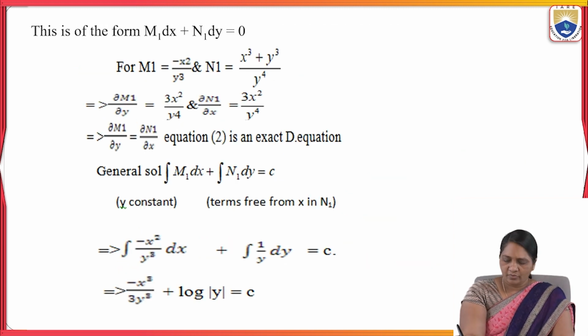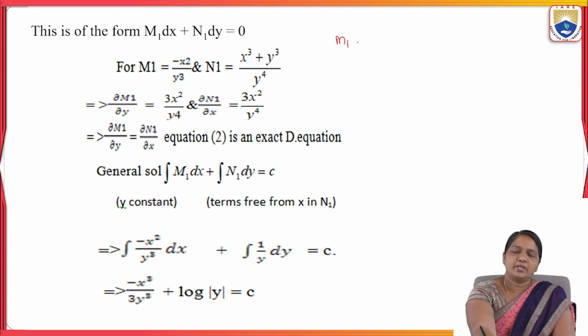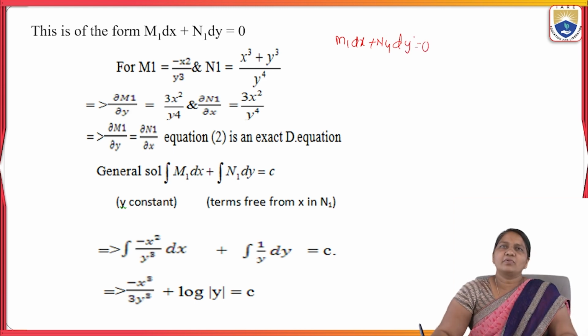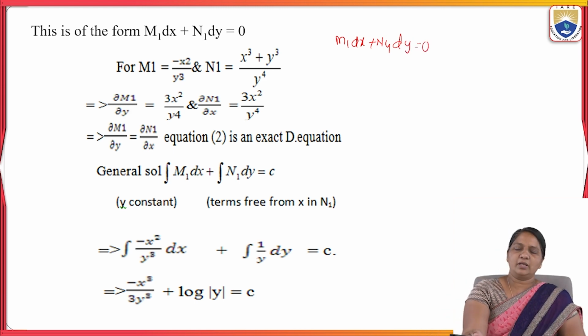Now we have got the form m1 dx plus n1 dy equal to 0. Why are we writing this form, m1 dx plus n1 dy? We got the new values for m1 and n1.